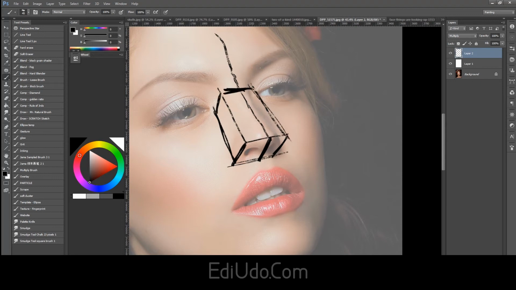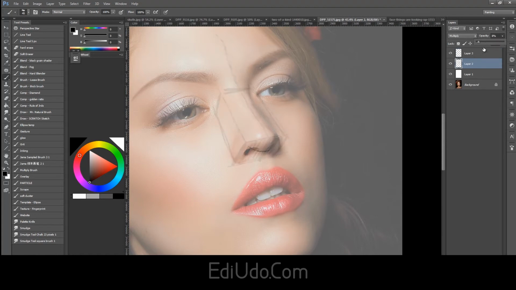Again, this is just a very crude representation of that block. Again, no one's nose is exactly this blocky, but that's just how I simplify it down to its basic terms for you guys. Right, so again, got that block. And I guess if I was doing this traditionally, I would just do it in light blue pencil, light red pencil, and then I would go over this with ink or a darker pencil.